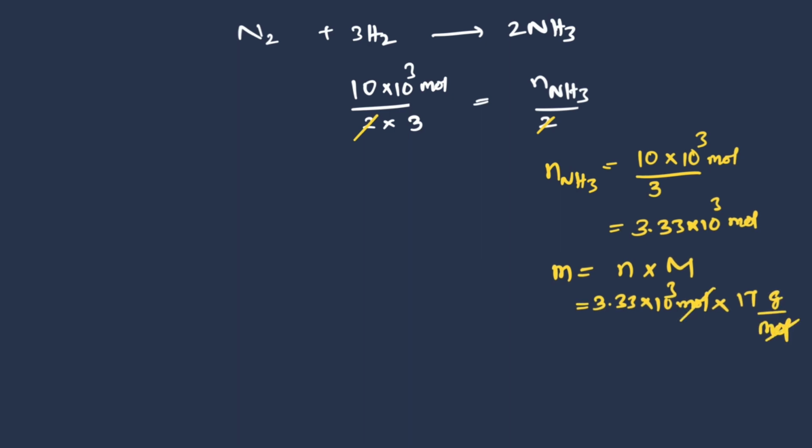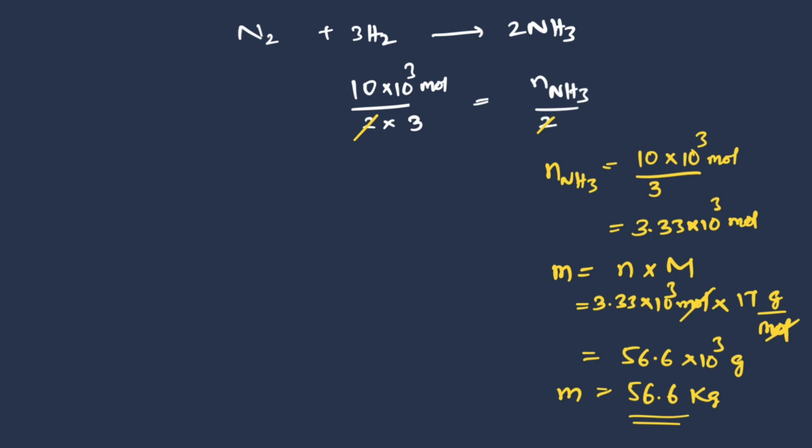This mole cancels, then this will give 17 into 3.33. This gives the answer 56.6 into 10 power 3. What is the unit? Gram. So this can be written as 56.6 into 10 power 3 gram, which is kg.